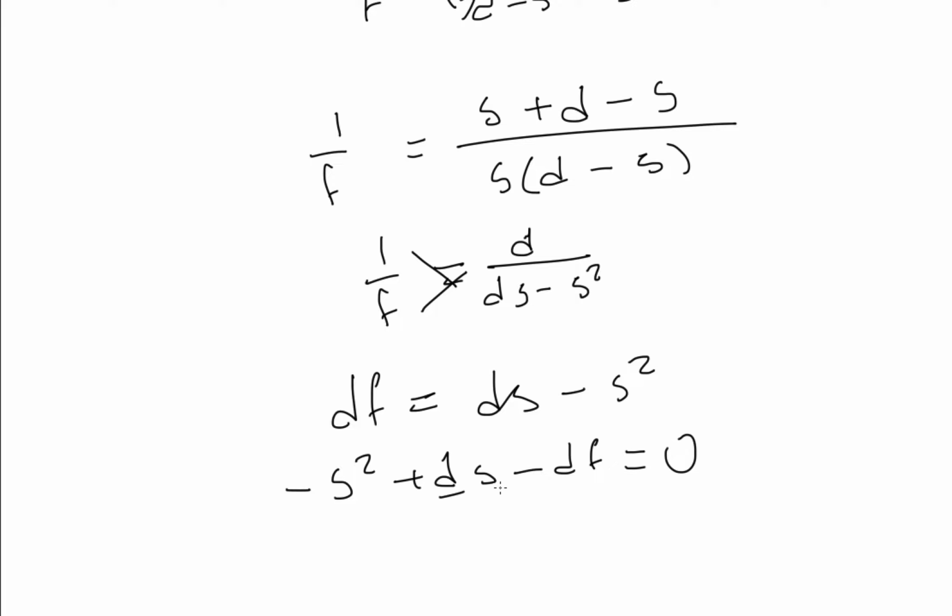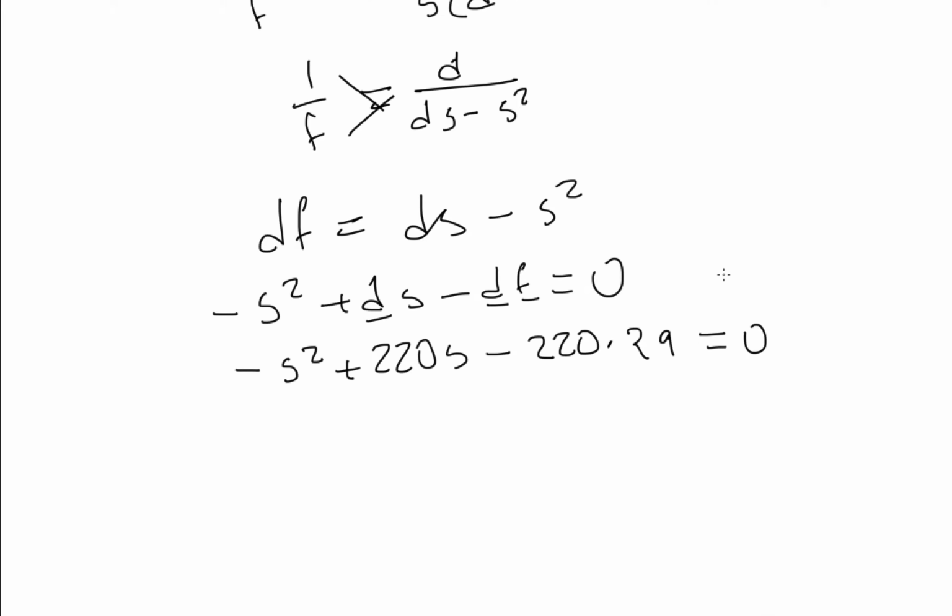Let's substitute what we do know, d and f. We get negative s squared plus 220 s minus 220 times 29 is equal to 0. We end up with the quadratic equation negative s squared plus 220s minus 6,380 is equal to 0.